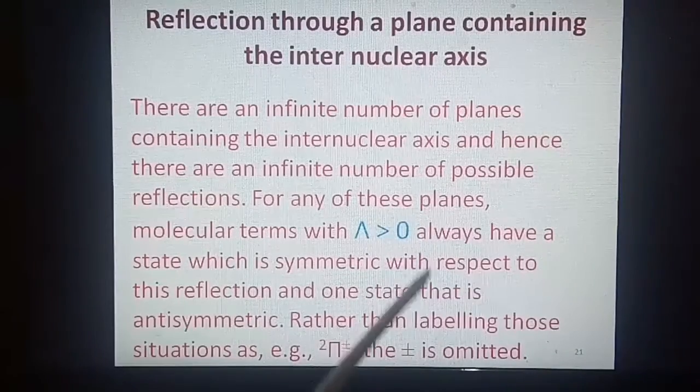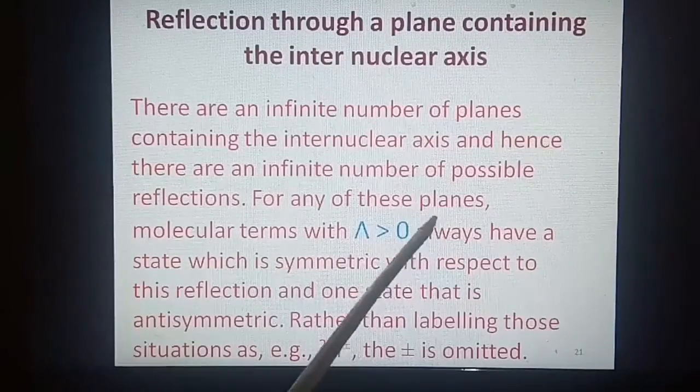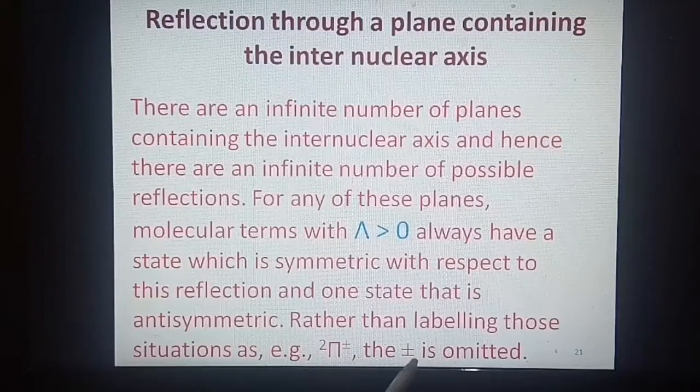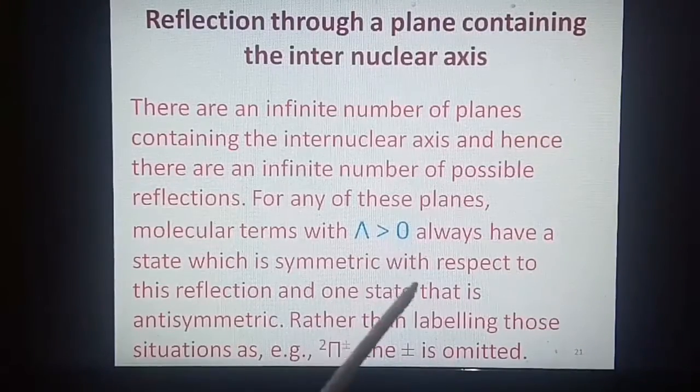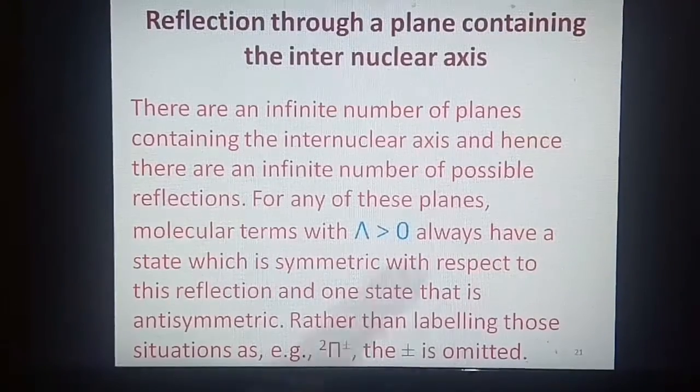It means that in pi orbitals or in delta orbitals, the reflection will be both symmetrical and antisymmetrical, so the plus minus sign is omitted. Only in sigma states, that is lambda equal to 0, is either plus or minus used.